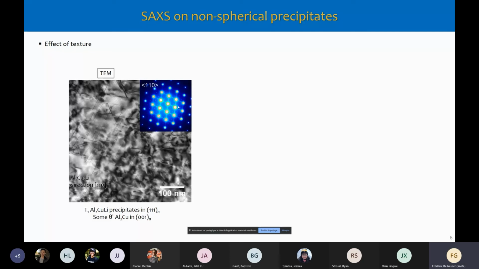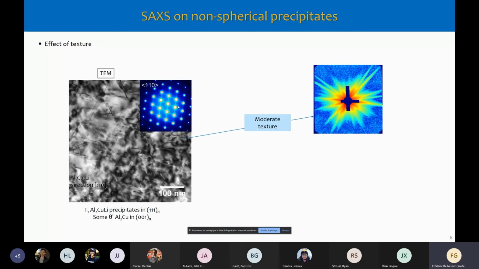You have a real sample which has many orientations, many grains. But if you have some sort of moderate texture with some preferential directions, then you will have streaks that correspond to the directions of the precipitates in the different grains that you have in your beam.